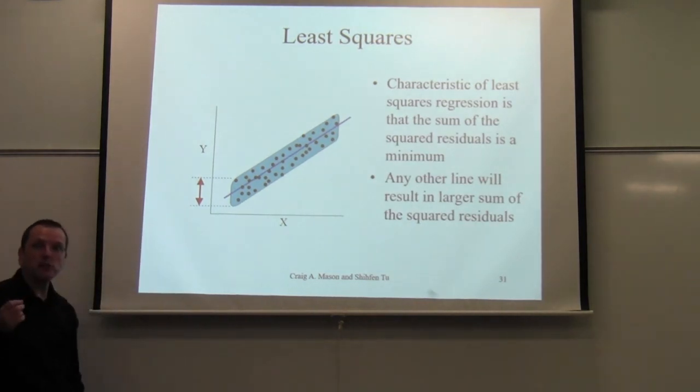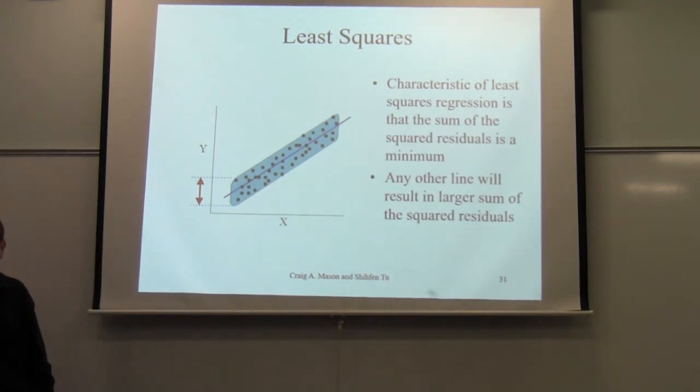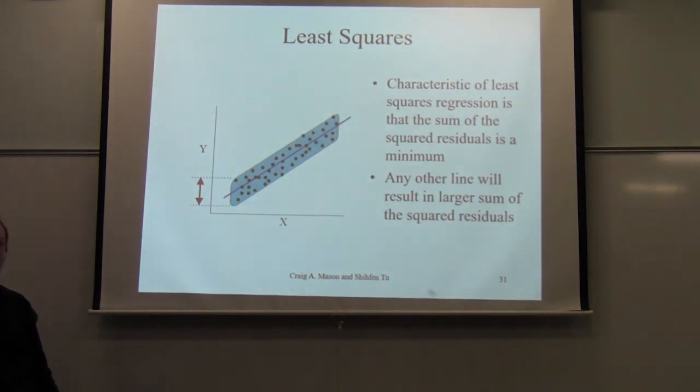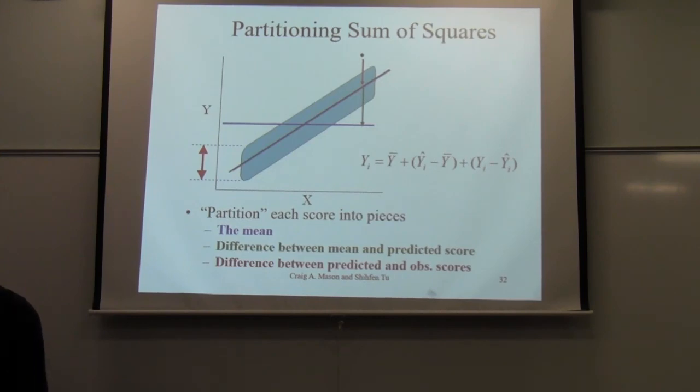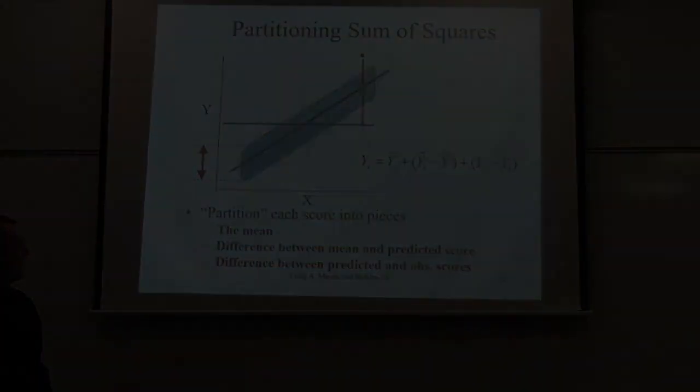Least squares regression gives you the intercept and slope that gives you the very smallest sum of squared residuals. That's why it's called least squares regression. Pretty cool. Any other line will give you larger numbers. And let us stop right there.